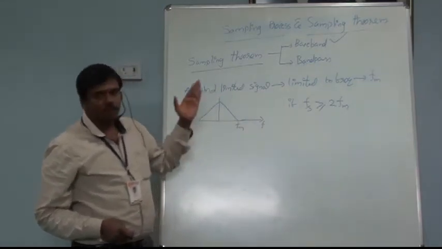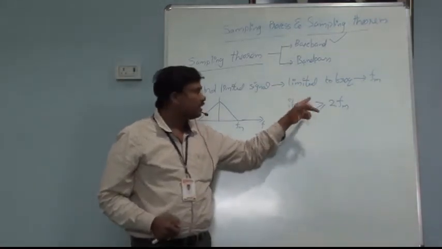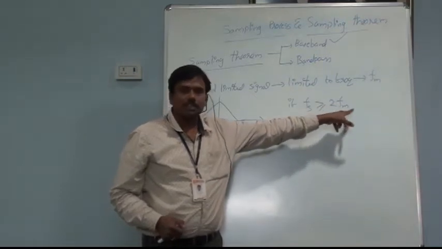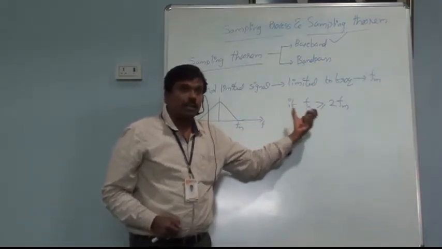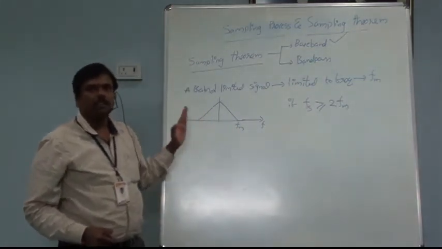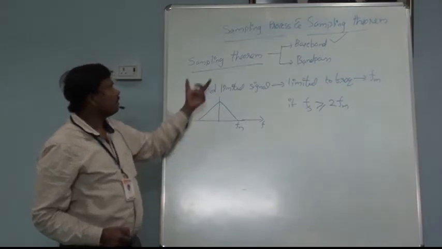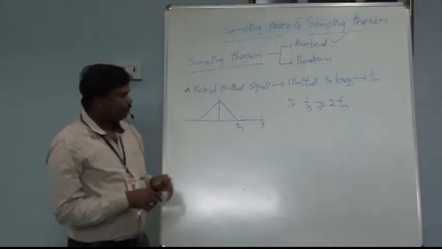So that's why we follow this condition, that the sampling frequency is greater than or equal to twice the highest frequency component. Then we can reconstruct back our original information from its samples, and this is what the sampling theorem informs us.